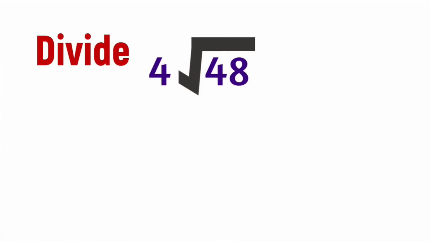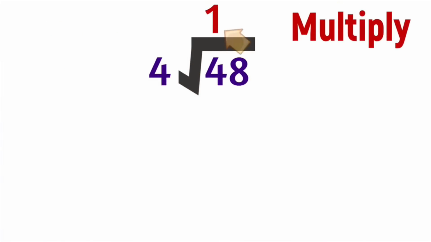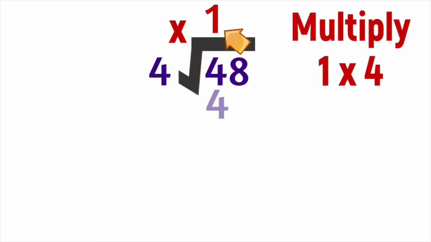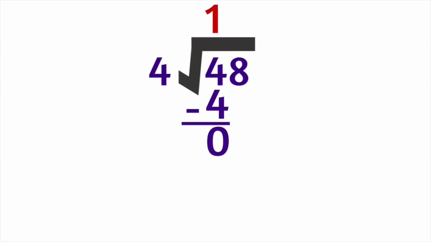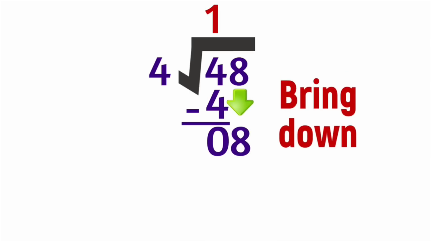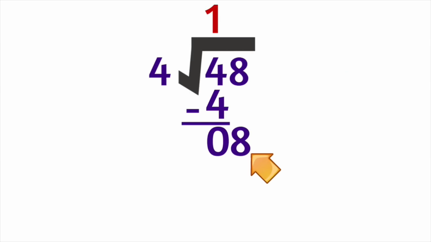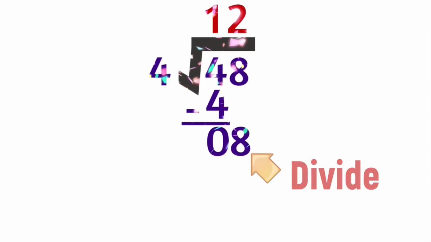First, divide. 4 goes into 4 1 time. Second, multiply. 1 times 4 equals 4. Third, subtract. 4 minus 4 equals 0. Fourth, bring down. Bring down the 8. Then we repeat the steps with this digit here. Divide. 4 goes into 8 2 times.